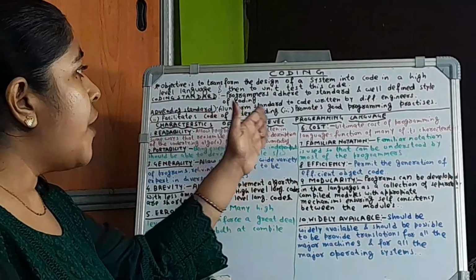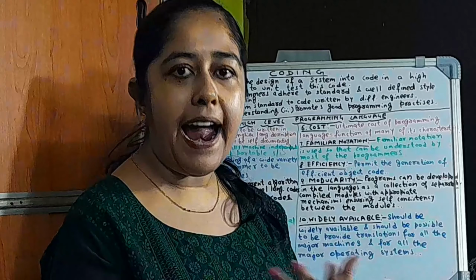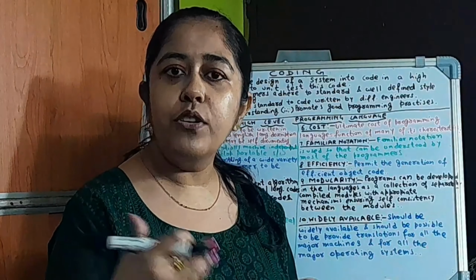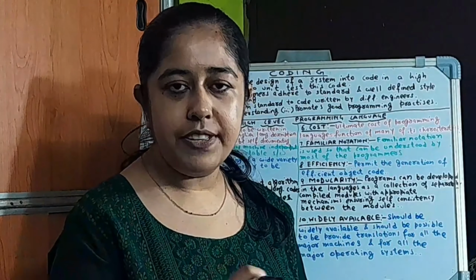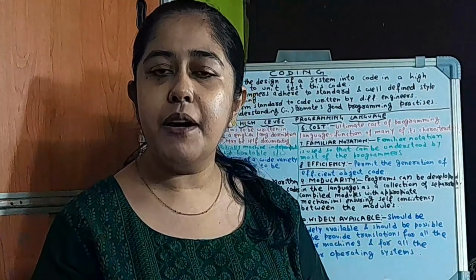As I have already told you, if different engineers start writing code in their own different styles, then one engineer may write the code in a specific pattern and the second engineer may not be able to understand that pattern. So we use this coding standard so that whoever is writing the code, it can be understood by different engineers.